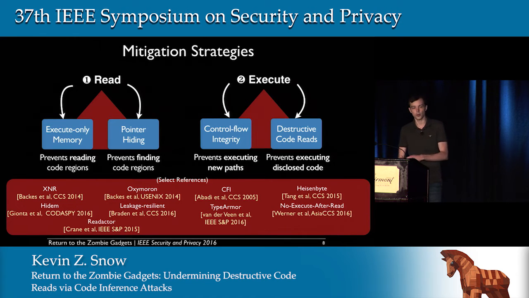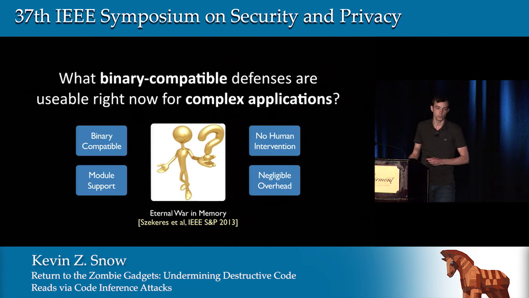I'm not going to go over all of the defenses that have been proposed in the last few years. There's way too many to do that in this talk. But what we became interested in is, of all the defenses that have been proposed, which are actually binary compatible and usable right now, not just for toy applications, but for really complex applications like the Chrome web browser or Adobe Acrobat.